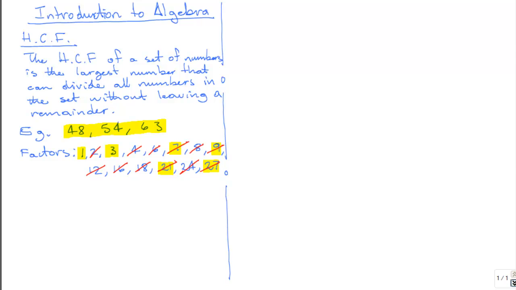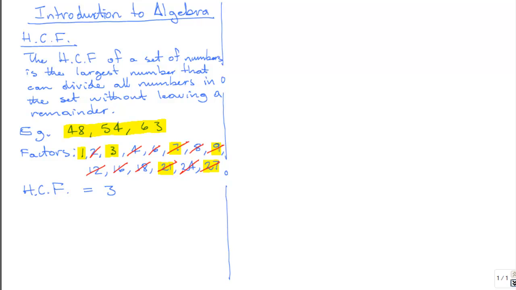So we're left with two numbers, 1 and 3. Now, 3 divides exactly into 48 to give 16. It also divides into 54 to give 18. And it divides into 63 to give 21. So 3 is a factor of all three, and so is the number 1. But 3 is the larger of the two numbers. Hence, the highest common factor of the set of numbers is equal to 3.